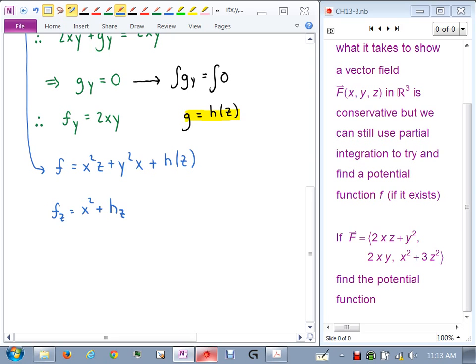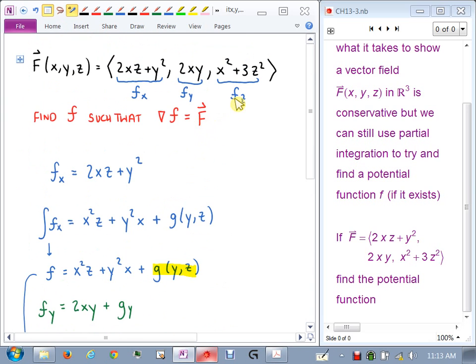What do I need that to match? I need x squared plus the partial of h with respect to z to match what I have up here, which is x squared plus 3z squared.